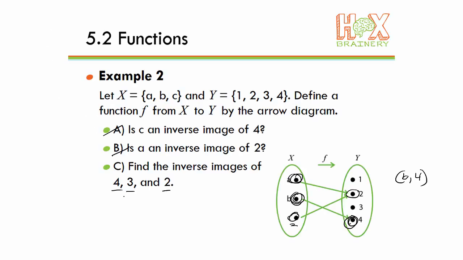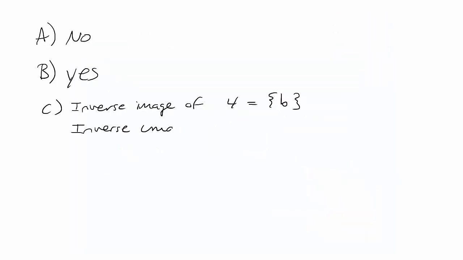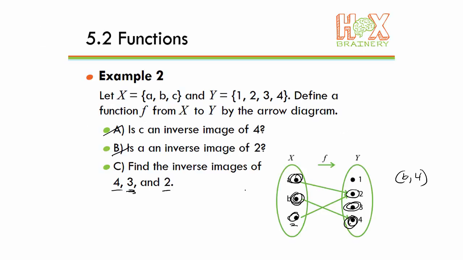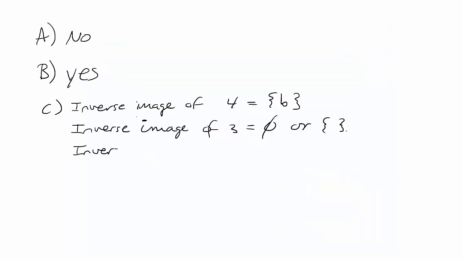And then we're going to do the inverse image for 3. 3 in Y is not used, so it doesn't have an inverse image. So you're going to write the inverse image of 3 is the empty set. You can use either of those notations. And then the inverse image of 2 is going to be a and c. So the inverse image of 2 is the set containing a and c.